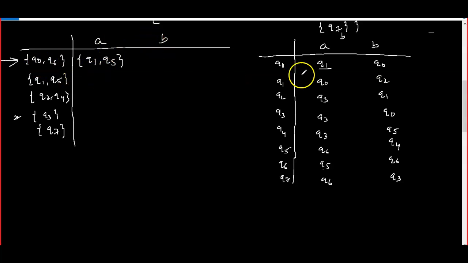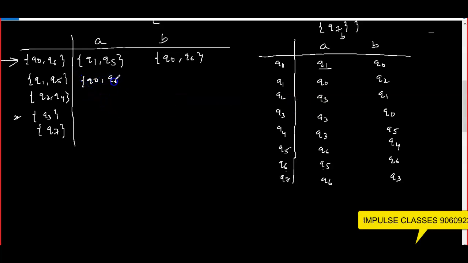Q0 to B is Q0, and Q6 to B is Q6. Okay. Yeah. So all the states that come are together only. See here, Q0 and Q6 is coming same, and Q0 Q6 is already there in this. Getting? Q1 to A is going to the Q0, and this is Q6.